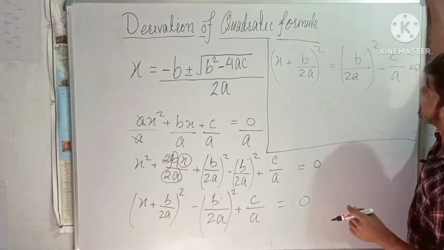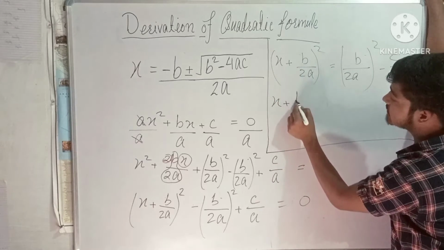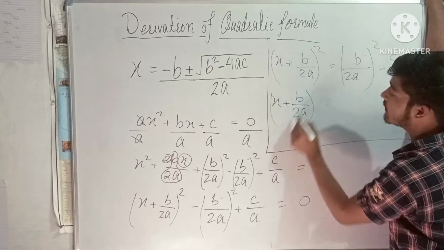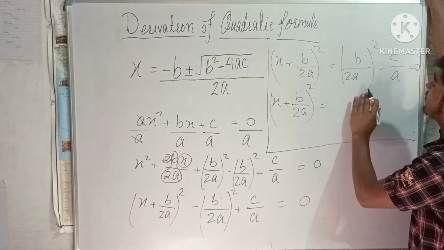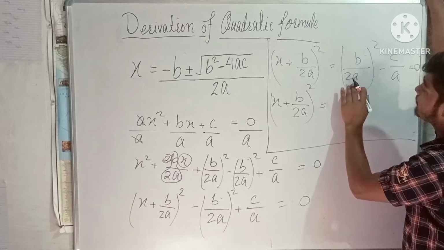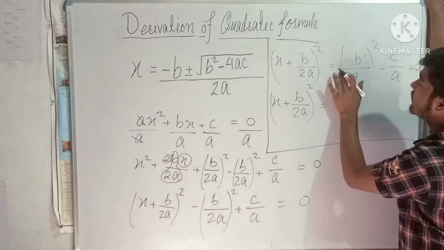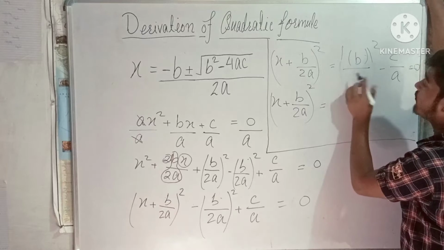Then what will we do? First, x plus b upon 2a square is equal to, we can write this as 4a square.